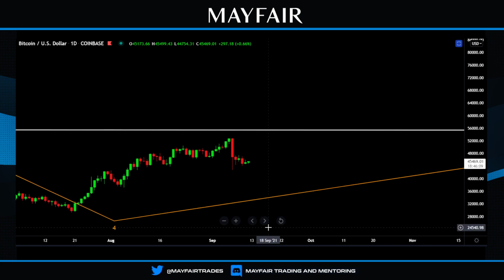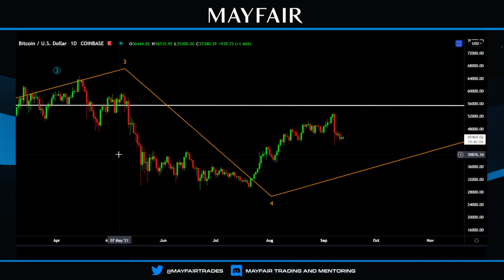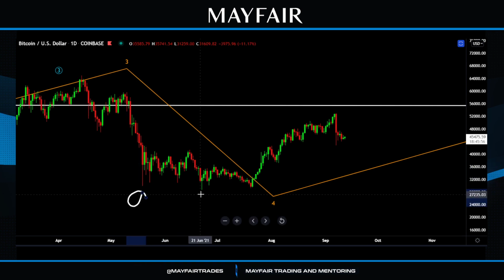Now, on the daily time frame, if we were to assume that we had the bottom in here, this is again something that gives me a bit more comfort that I can't really unpick what happened from here across to here if we were to assume this now giving us the 0 leg.